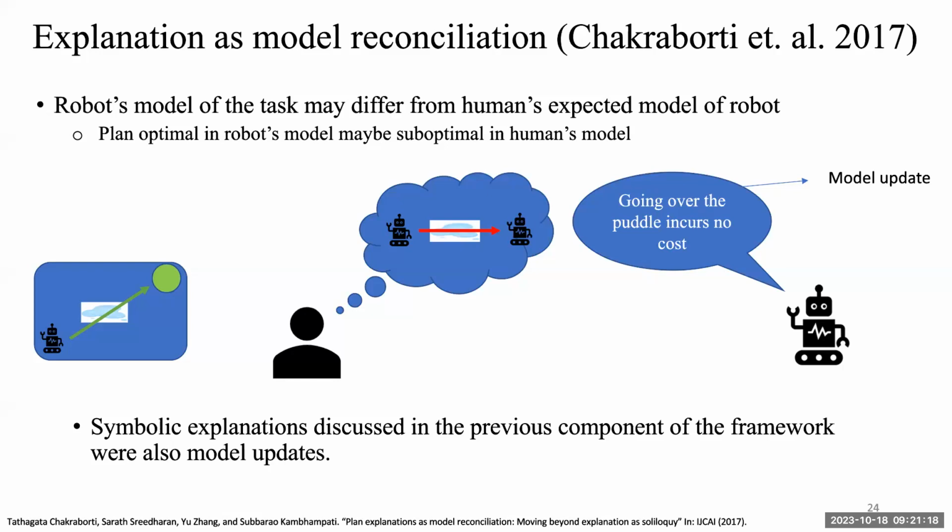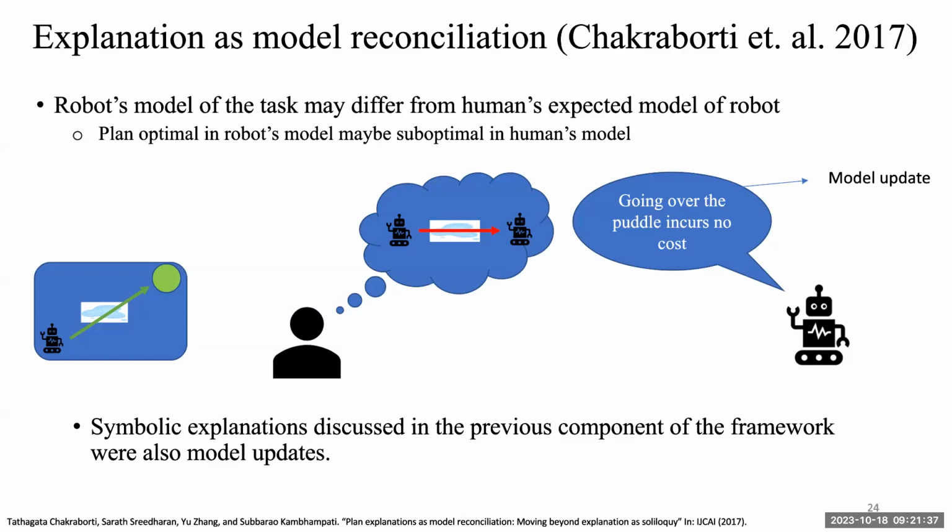So a plan that is optimal in the robot's model may be suboptimal in the human's model. In this case, the robot must correct the human model and give some model updates to make sure that its behavior appears explicable to them.